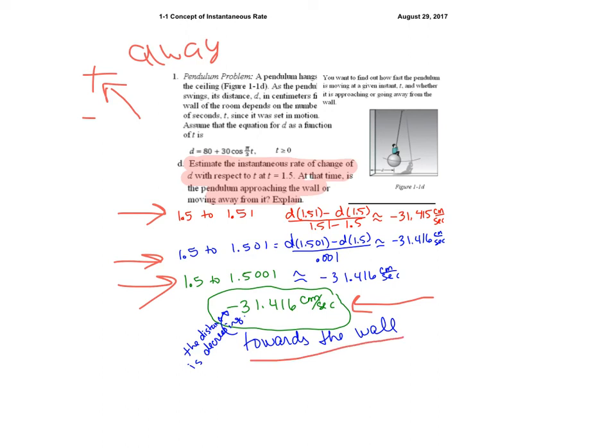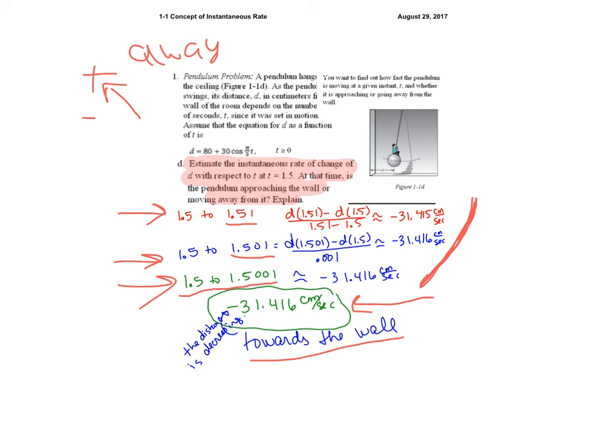Now, the reason why I'm asking you guys to do this is mainly because the book asks you to do it, right? Because we already know that 1.5 to 1.5001 is going to be the most accurate anyways. So why even bother with 1.501 and 1.51? Because you have to earn your stripes, right? That's why.